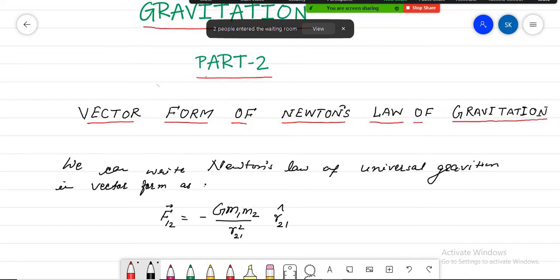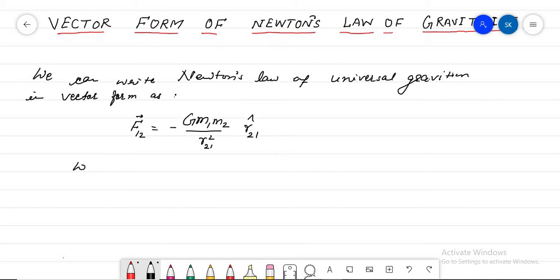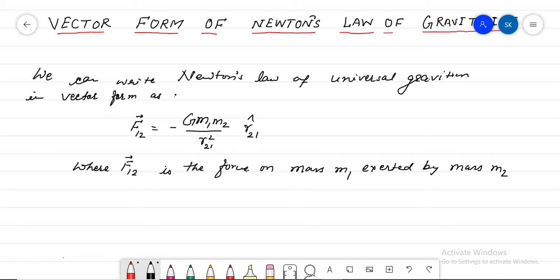What is R21 and what is F12? Where F12 is the force on mass M1 exerted by mass M2, which is at a distance R21 away, and R21 cap is the unit vector.